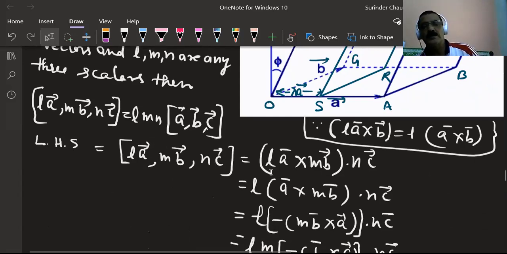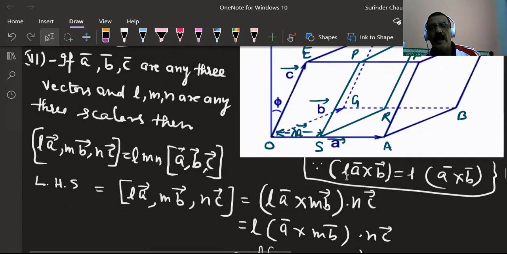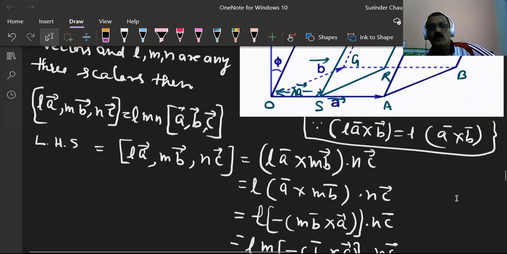This can be written by definition as L A vector cross M B vector dot N C vector. Now we have read in the earlier class, L A vector cross B vector is equal to L times A cross B vector. So when you use this, L is outside, L A vector cross M B vector dot N C vector.